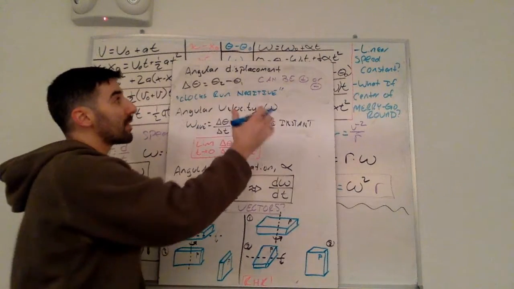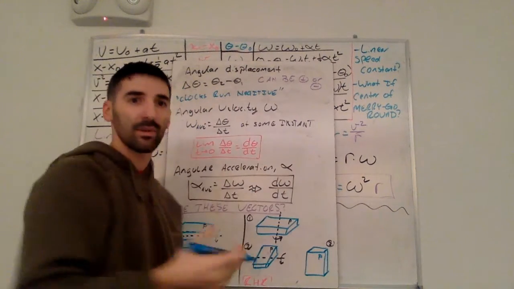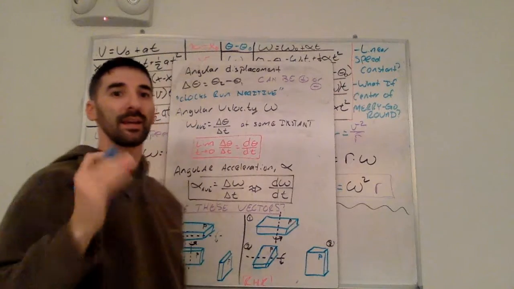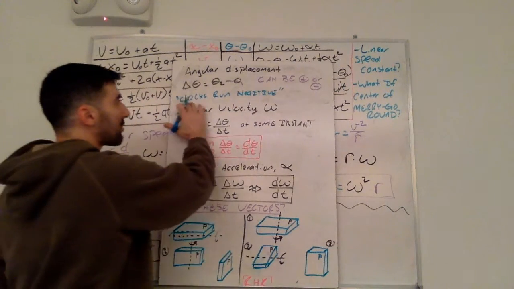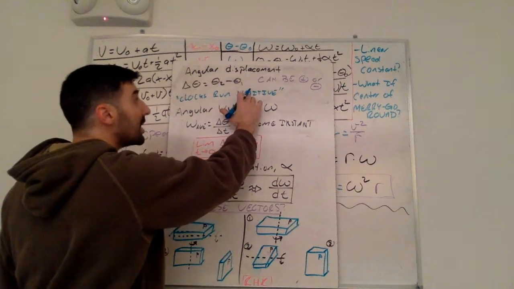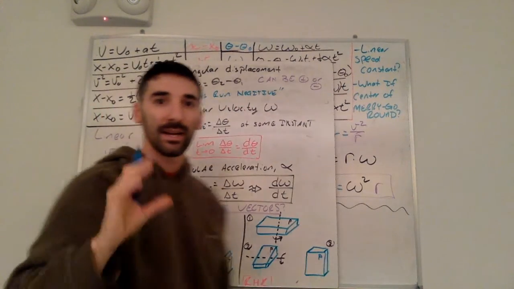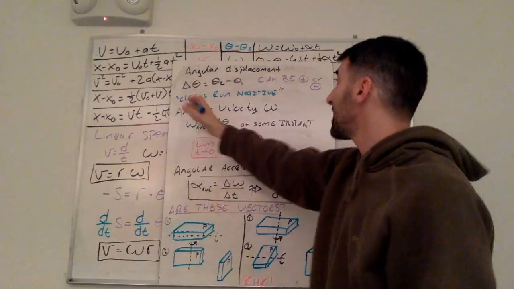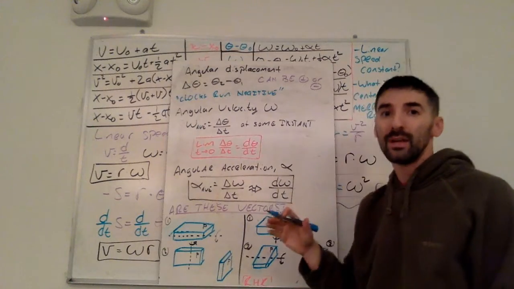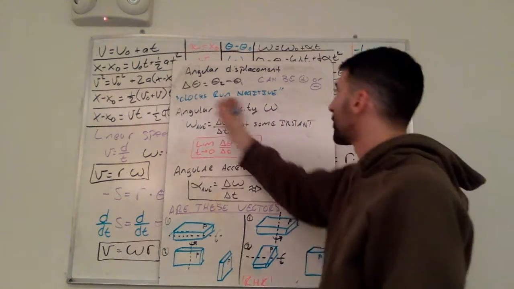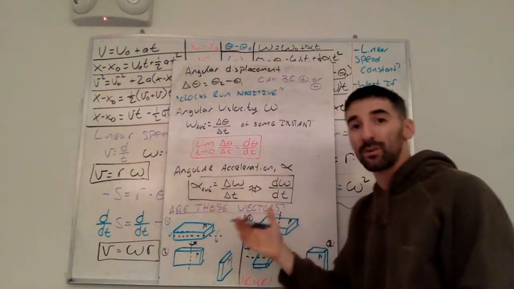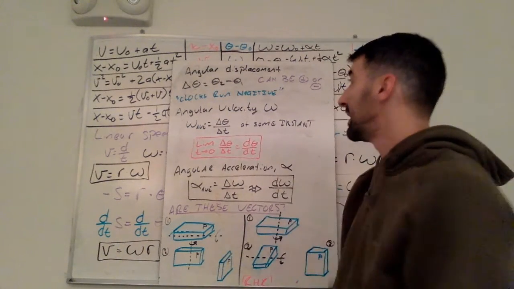We also know that they can be positive or negative. How do we know which? A good way to remember this is the phrase "clocks run negative." Anything rotating in a clockwise fashion is going to have a negative magnitude. Anything rotating counterclockwise will have a positive answer.